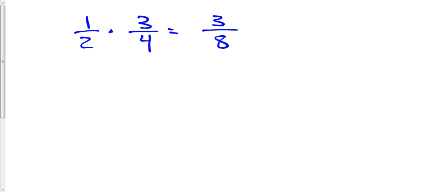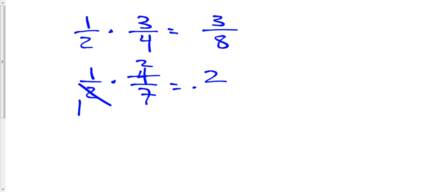I can either do it before or after. So if I had 1/2 times 4 sevenths, I could simplify there, right? 4 and 2 share 2, so that becomes this. 1 times 2 is 2 over 7. I could do that too.